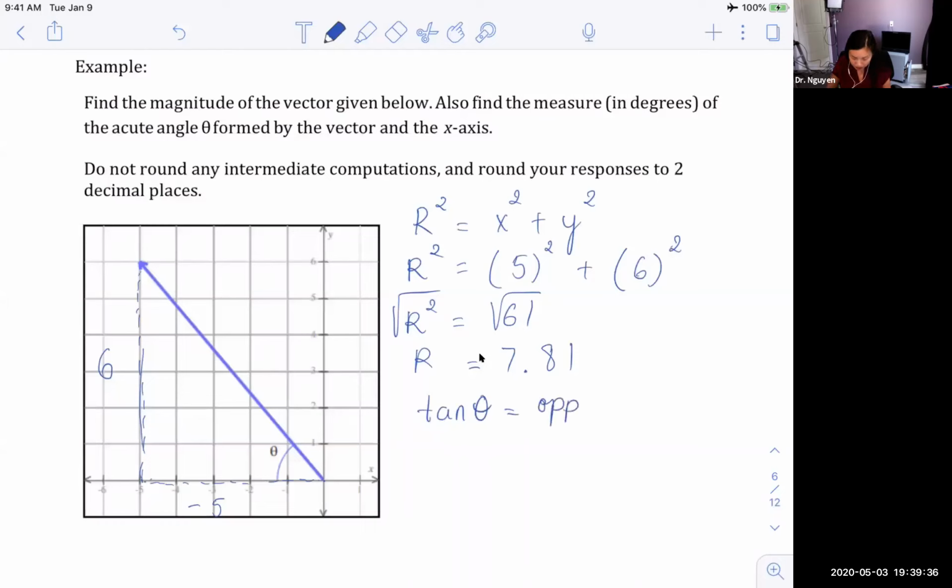Let me just write down opposite over adjacent. So it's going to be 6 over 5. And then we have to take the arctangent of it. So we have 6 divided by 5, and then you take the arctangent of it.